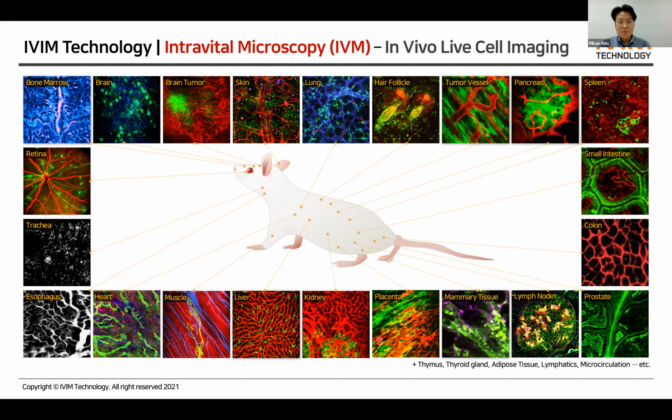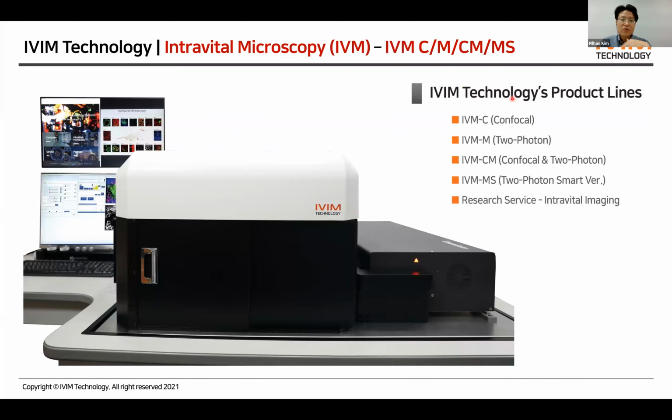We also have experience in imaging sinus, thyroid gland, and various adipose tissue with lymphatic and microcirculation visual imaging. We are providing confocal and two-photon systems together with the research service as well.